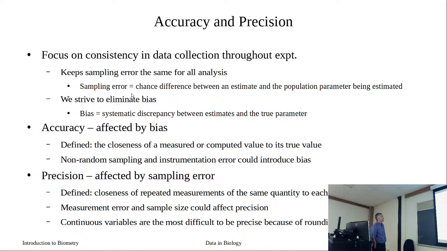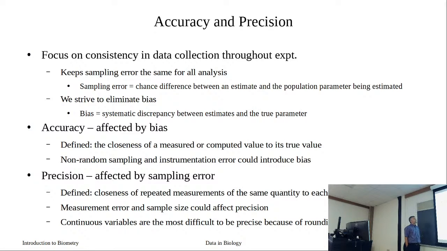All right, more definitions. Our data interpretation really comes down to how well we collect our data. And one of the things that we always focus on is collecting a random data set. Having a representative sample, a random sample. Now, as we collect the data, there will be errors associated with it.